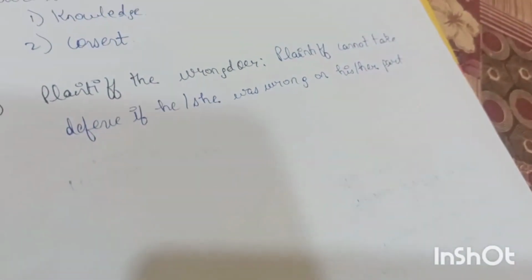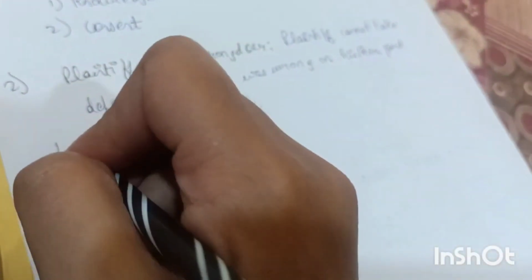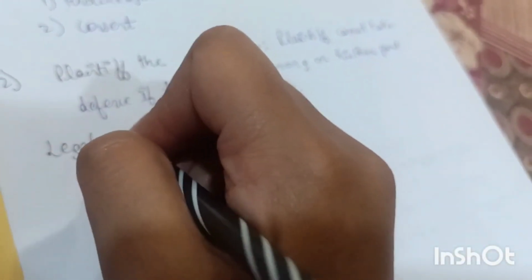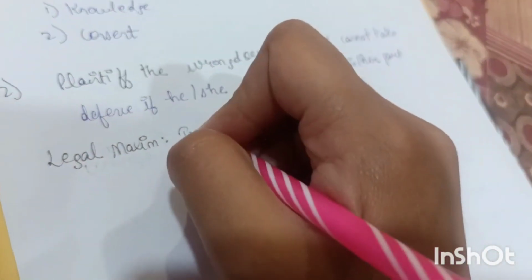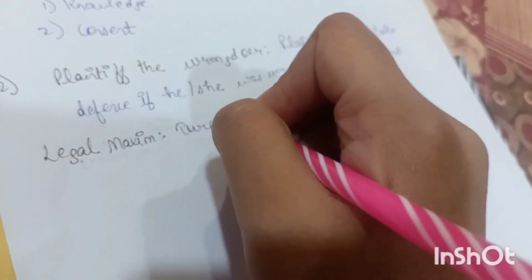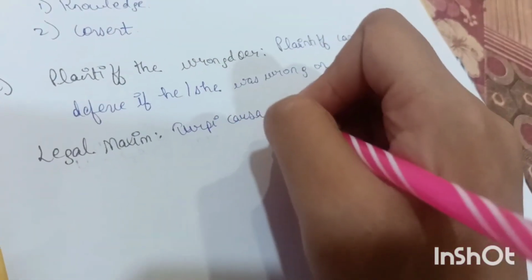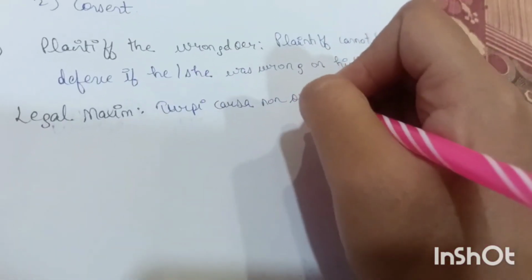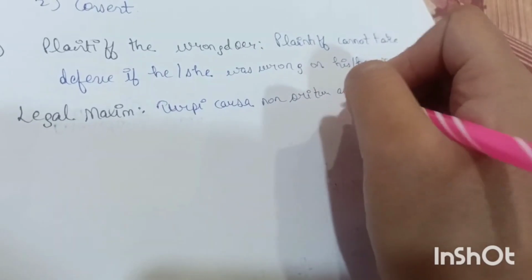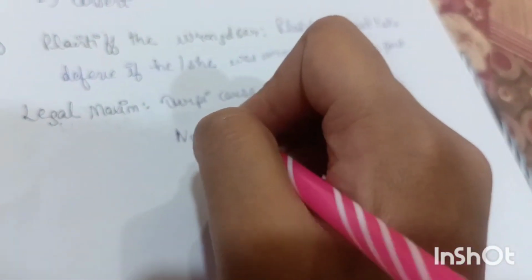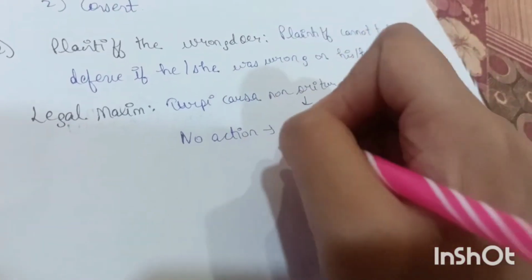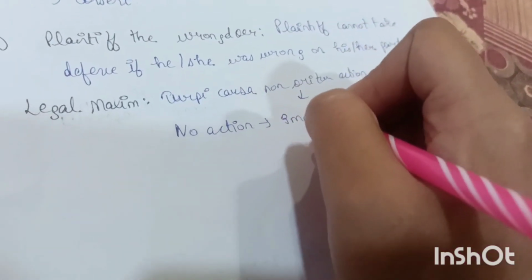So there is one legal maxim in this. So it is turpi causa non oritur actio. So what this means is, no action equals immoral cause.